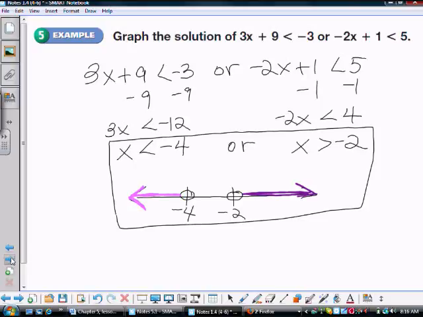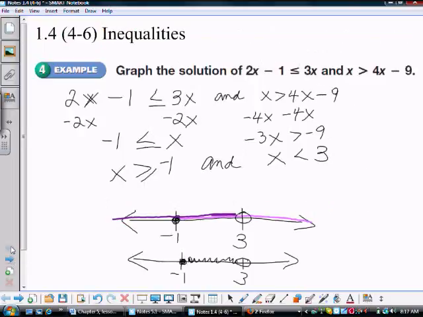So, going back to the first one. If we had put an or here, my shading would have been the dark purple shading, the light purple shading, and I can be wearing a black shirt or a red shirt. So if this was an or, what would my answer be? It would be all the shading.